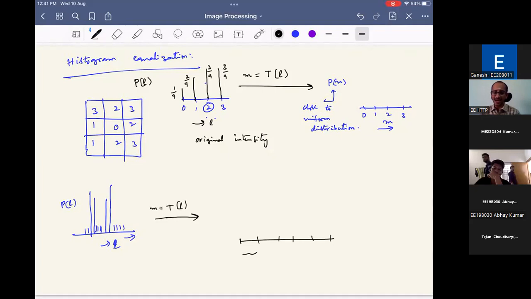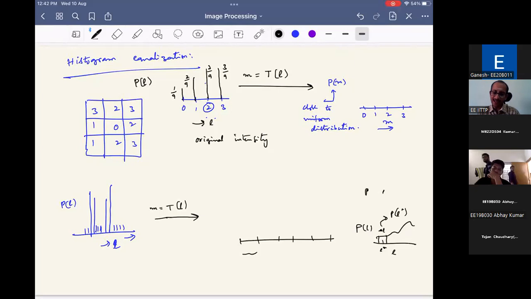It's exactly like a continuous random variable. If there is a continuous random variable with P of L or P of M, how do I assess the probability around a given value L star? We take a small bin around it, delta L, and in this bin we compute the integral of the probabilities and assign that to P of L star, since P of L star ideally is 0.